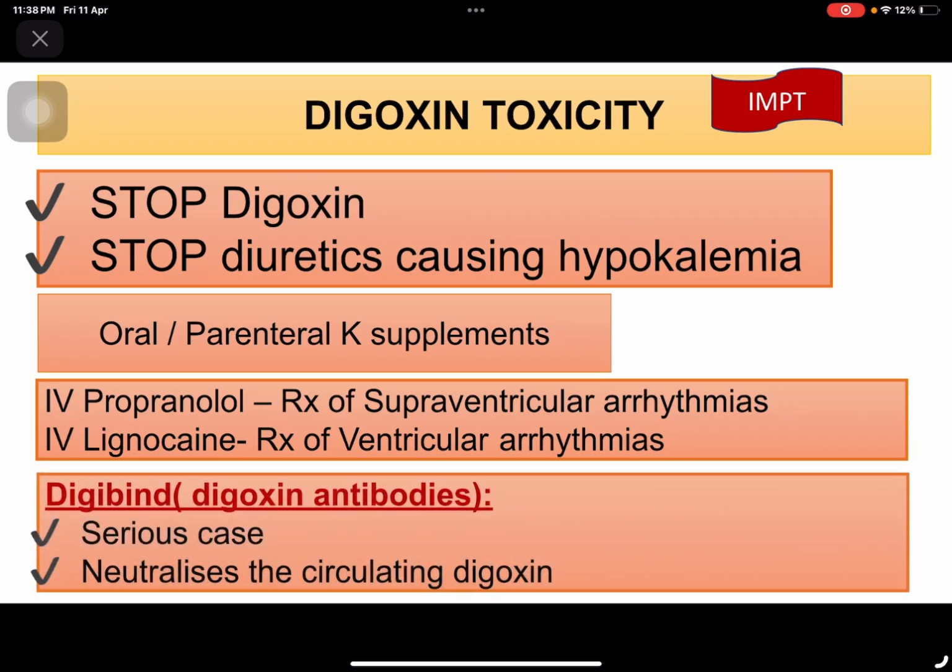Then, if the case is severe, we have to start digoxin antibodies, that is Digibind. In serious cases we can use Digibind as a digoxin antibody to neutralize the circulating digoxin.